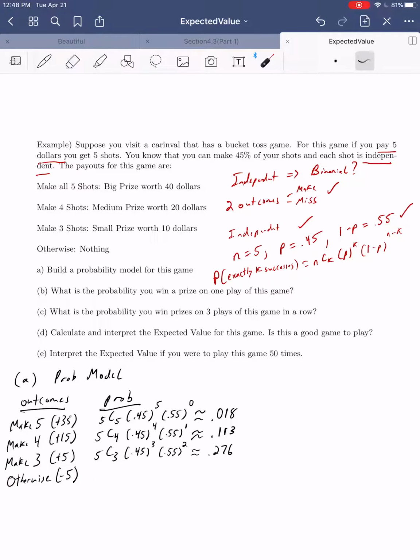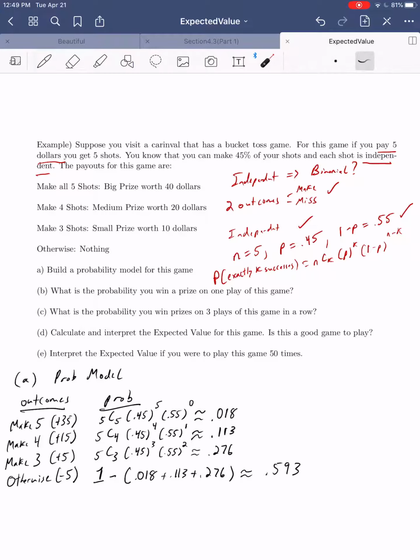The easier way is to realize that this is the last outcome, so these things have to sum up to 1, so we can just take these away from 1. So we can do this as 1 minus 0.018 plus 0.113 plus 0.276. And if we do that, we can get the probability that we don't get anything. And you should see that that's 0.593.